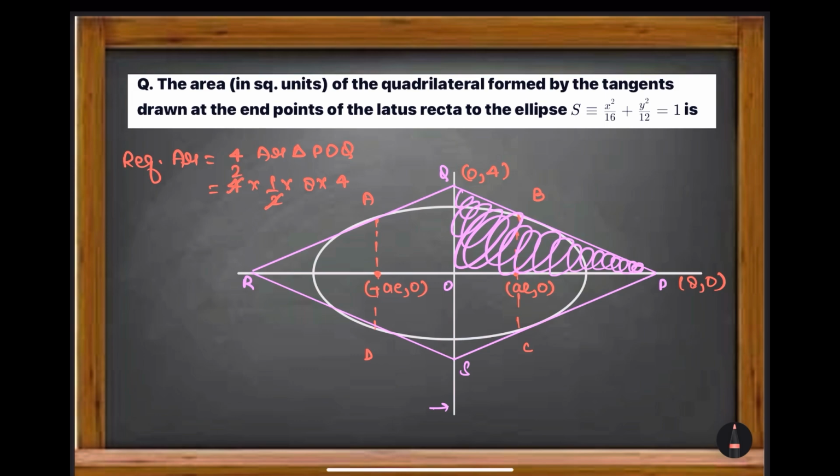So it is 64 square units. So the required area of the quadrilateral is 64. I hope you understood the approach and now you can solve questions of similar kind.